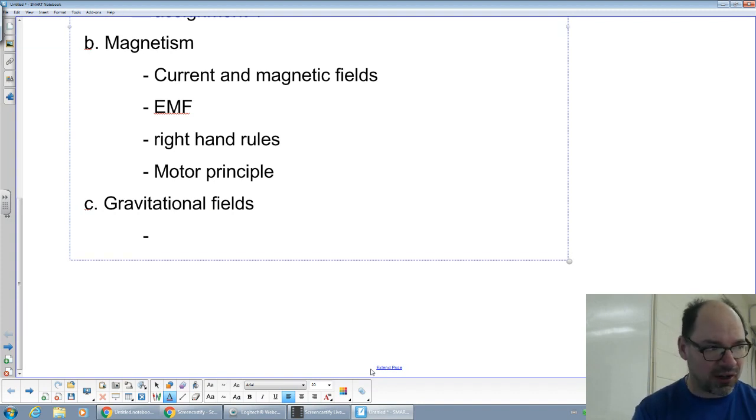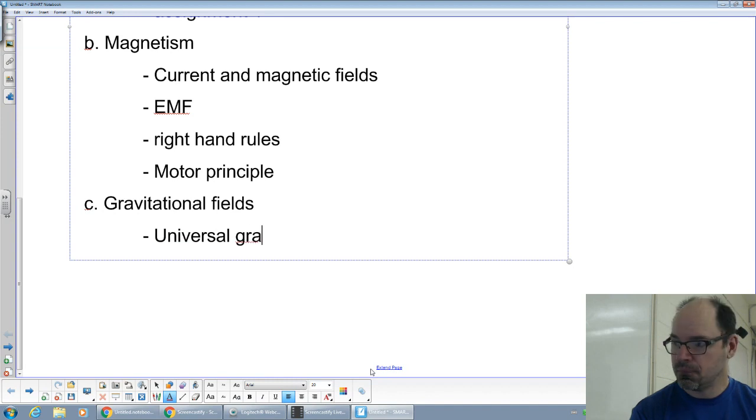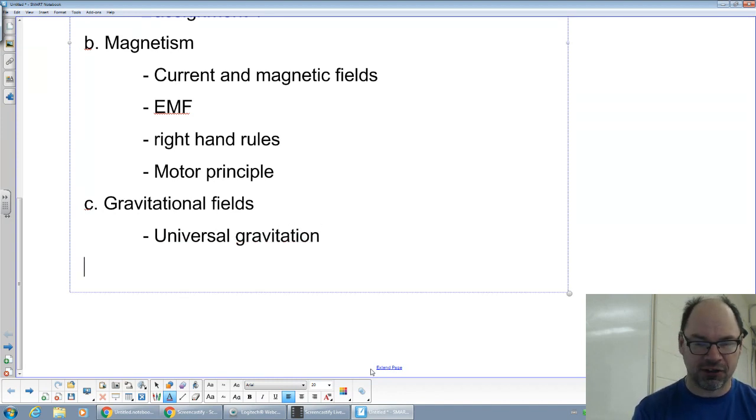We already looked at Newton's law, so we don't look at that, but we look at Newton's law of universal gravitation, and the universal gravitational law, and gravity and the theory of relativity.